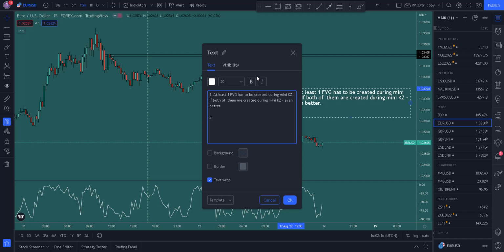Second thing is the second fractal that creates the second FVG has to create a stop run against the first fractal, or, how to put it, run through several short-term highs or lows.